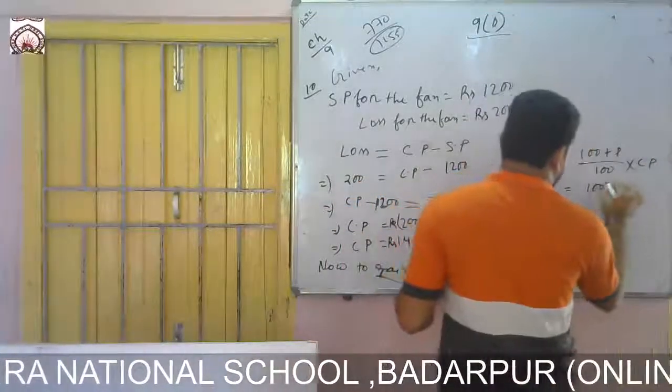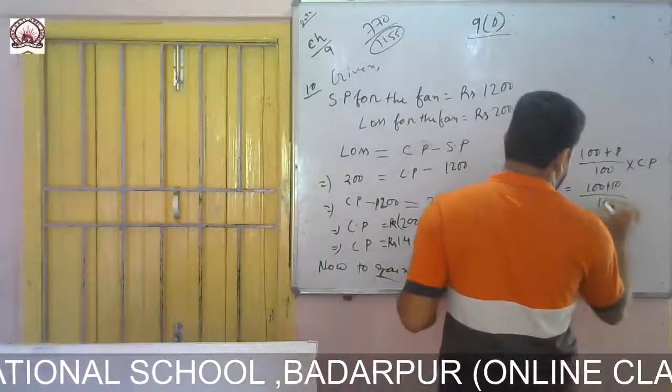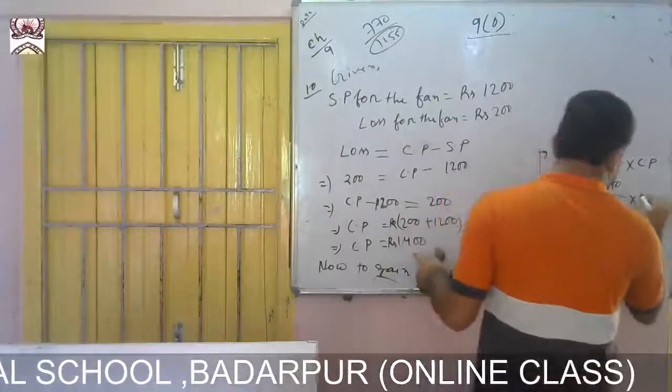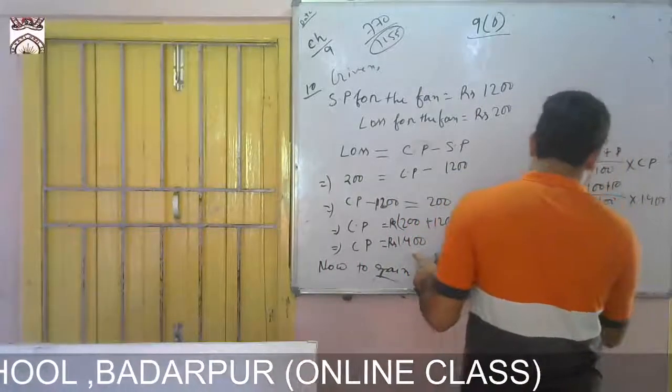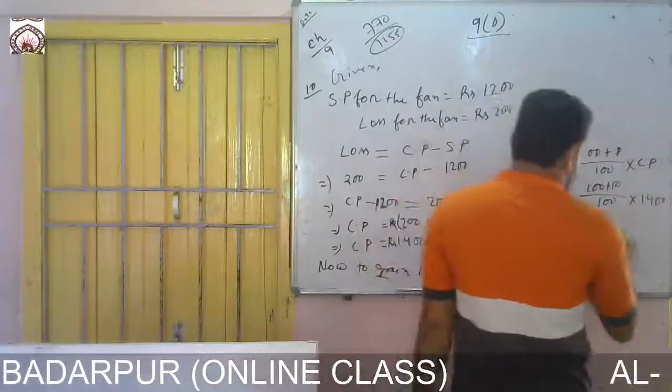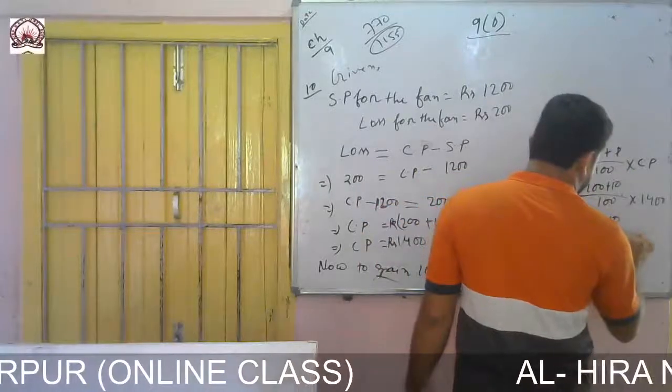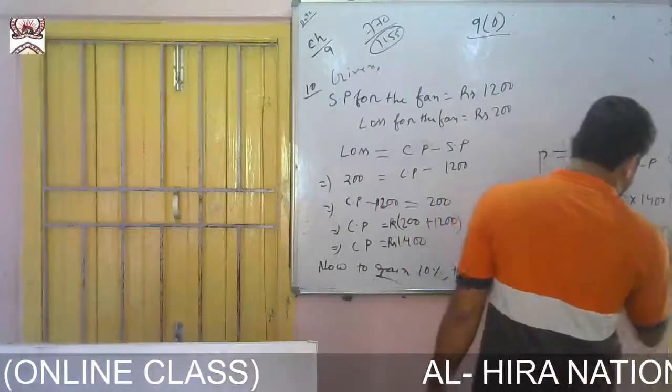So 100 plus 10 by 100 into CP, and CP is 1400. So 110 by 100 into 1400.